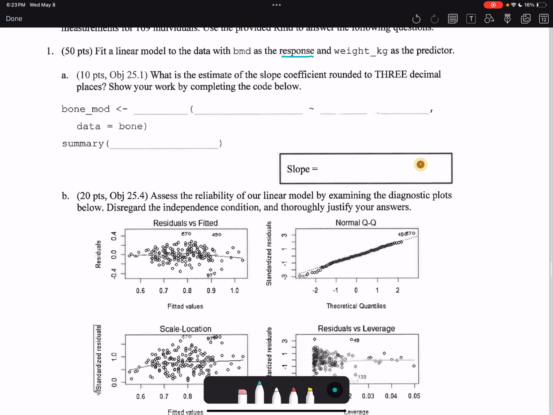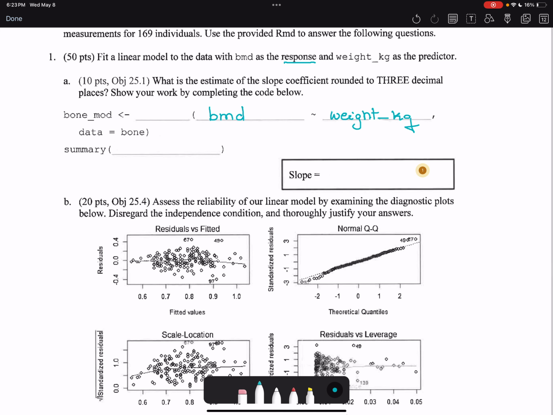In kilograms, where this command, well, we want the slope coefficient, so we assume the slope coefficient of a linear regression, so we use the LM command here. That is coming from bone because they said, interesting, I don't know that the data would be bone. According to this, it is bmd.csv, or maybe they meant bone. For the summary, we're going to summarize our bone model right there.